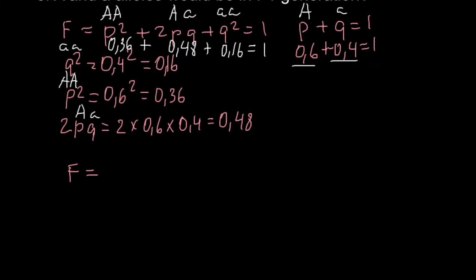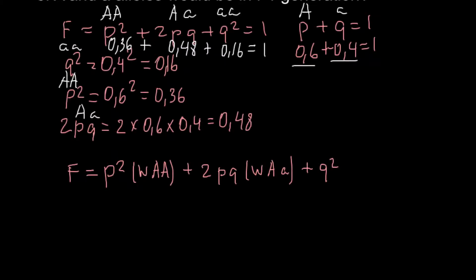So here is the formula once again: p squared multiplied by W capital A, where W stands for relative fitness, plus 2pq multiplied by W capital A small a, the relative fitness of the heterozygous genotype, plus q squared multiplied by W small a.